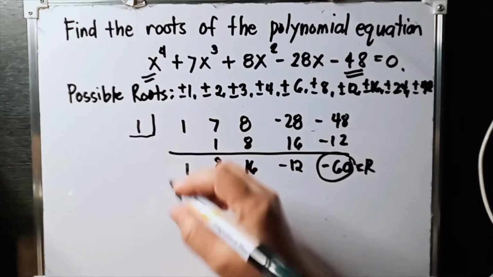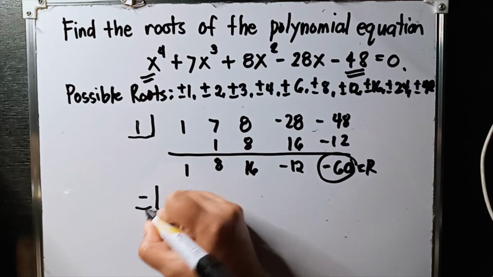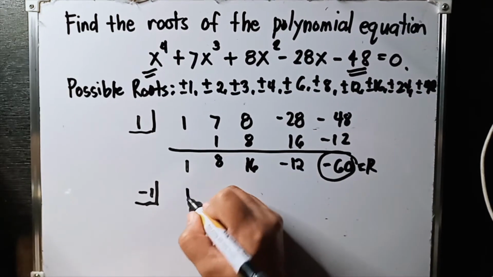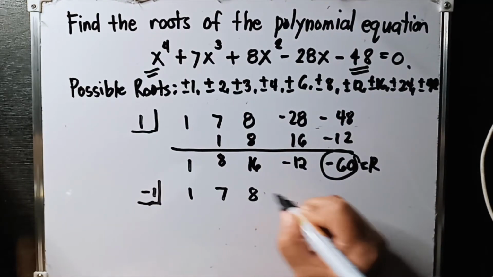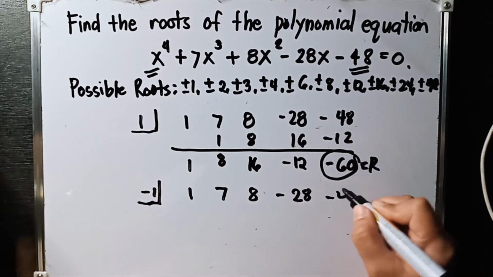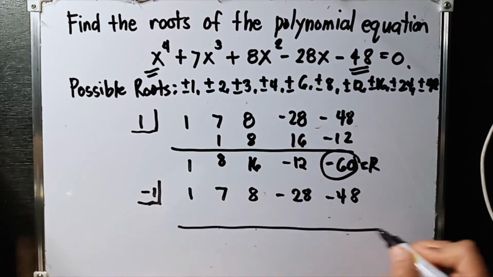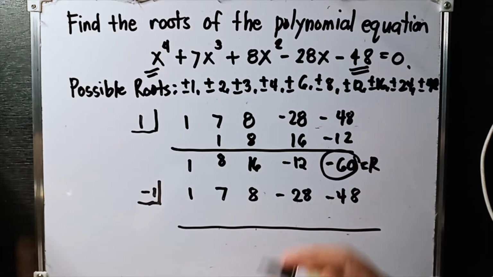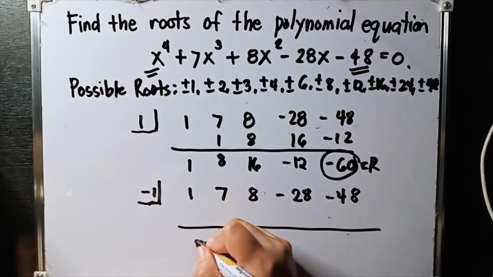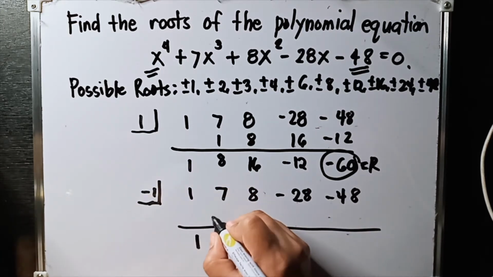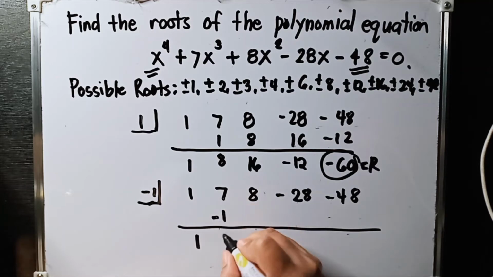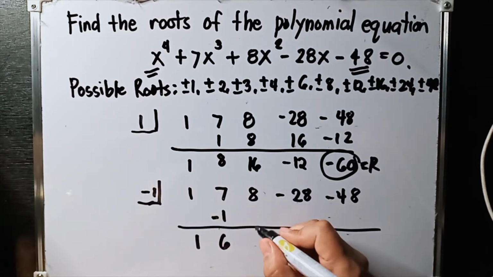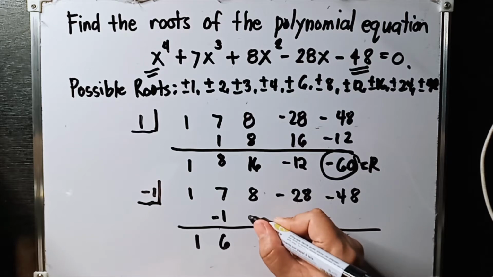Okay, let's work on negative 1. Let's check if negative 1 is a root or not. 1, 7, 8, negative 28, negative 48. So this is a trial and error, so we need patience in doing this. Bring down 1. We multiply, we have negative 1. We add, we have positive 6. We multiply, we have negative 6.